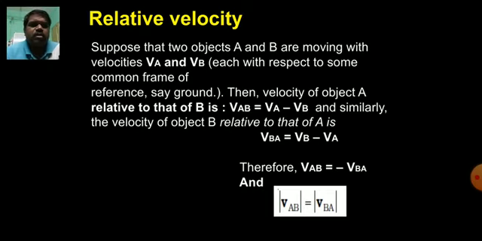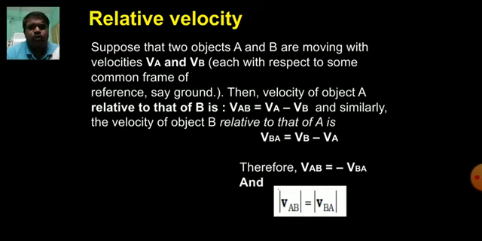Now next, the last point we have to discuss, is relative velocity. Relative velocity, dear students, is just a comparison of two velocities. For studying relative velocity there must be at least two objects.